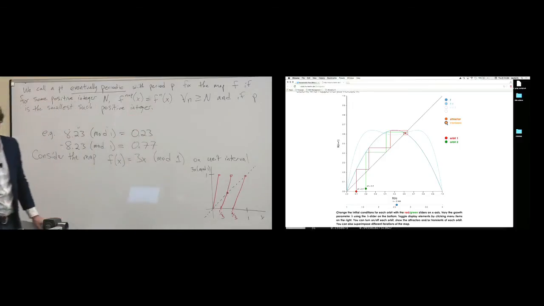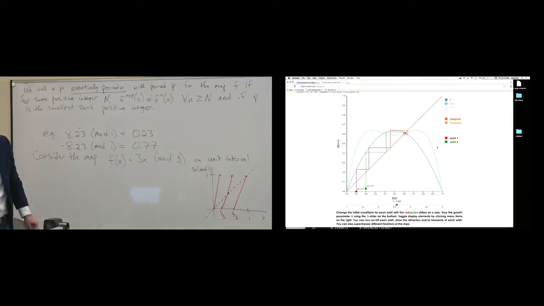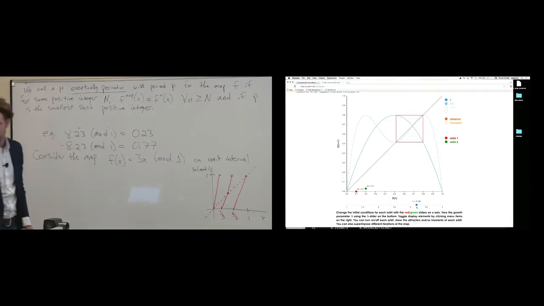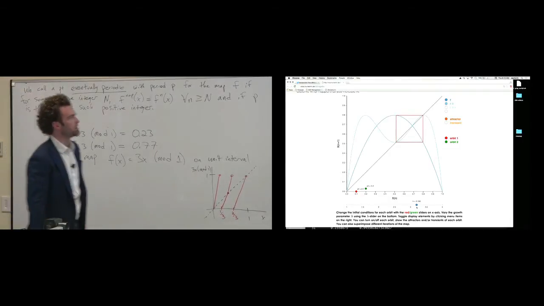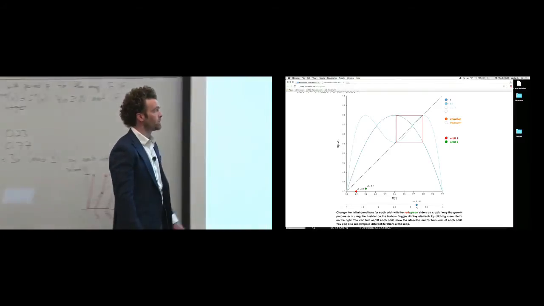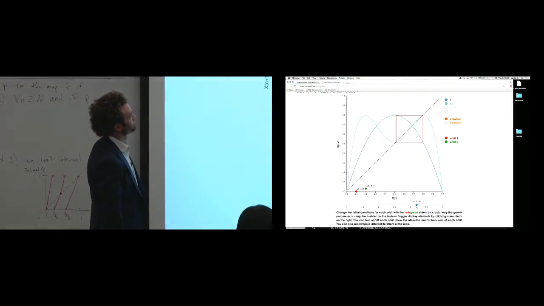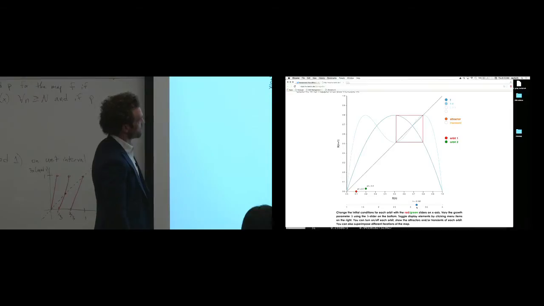All right, this is going to be a little harder to visualize, but we're going to do it anyway. We're going to try. Here we go. Cool. So here I have a period 2 sink. Everything in the interval, aside from 0 and 1, is attracted to that sink.